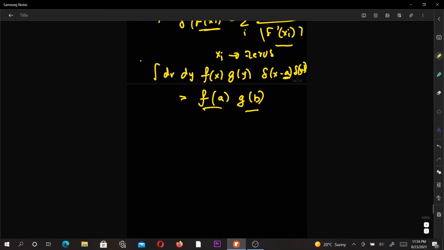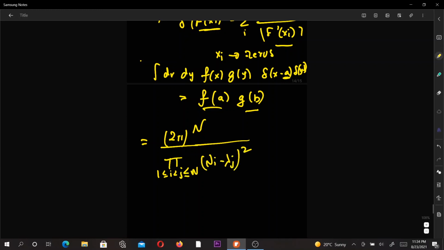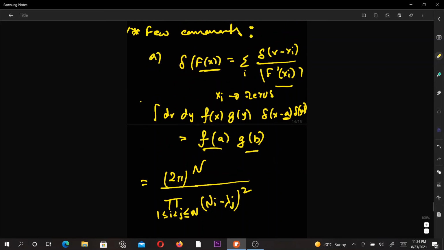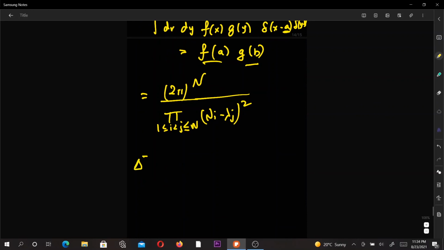So ultimately what your integral will look like is something like this, n and squared. Okay, so or delta squared lambda, whatever you want to write it as, it's just 2 pi minus n.